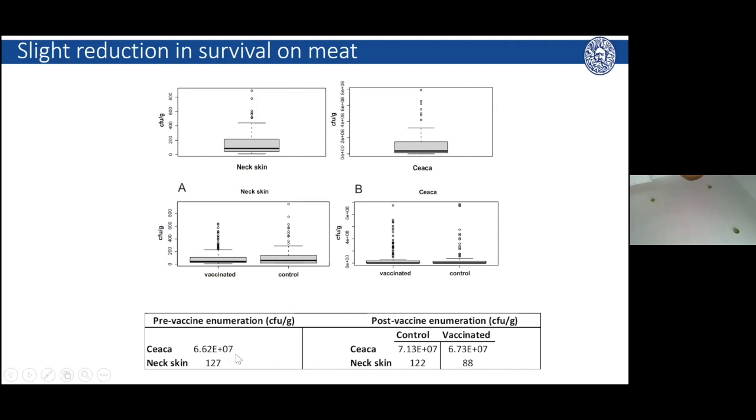But the more interesting thing that we wanted to see was a reduction of the Campylobacter numbers surviving on the neck skin in the vaccinated cohort. There's little difference between the control neck skin post-vac and the neck skin pre-vac, but we do see a slight reduction in the Campylobacter surviving on the neck skin in the vaccinated cohort.